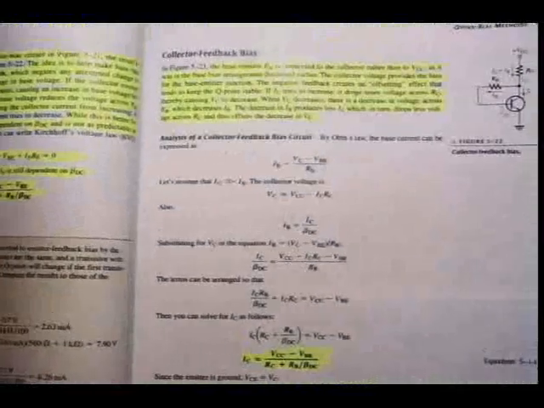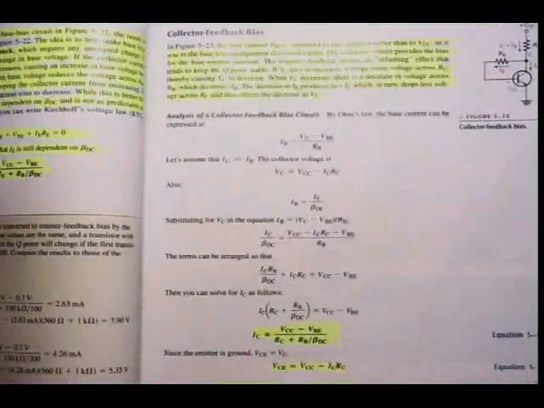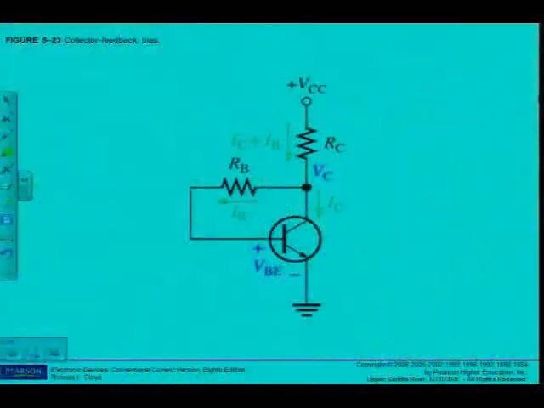Alright, the next one, collector feedback biasing in figure 5.23. If you go and have a look at figure 5.23. Alright, now this circuit looks again similar to the base biasing circuit because there's no resistor on the emitter, as we can see.